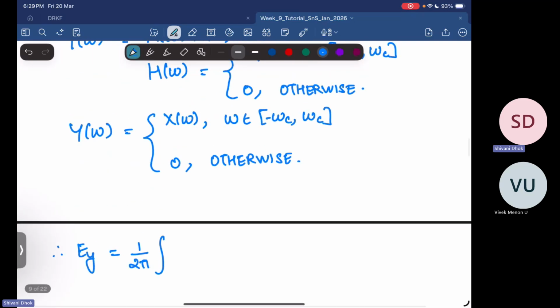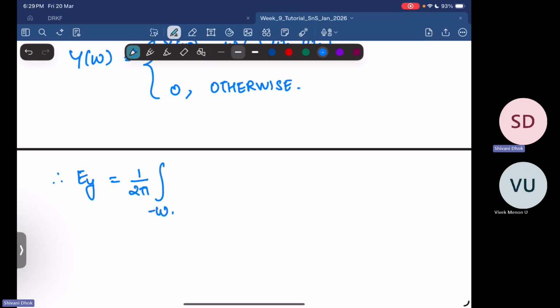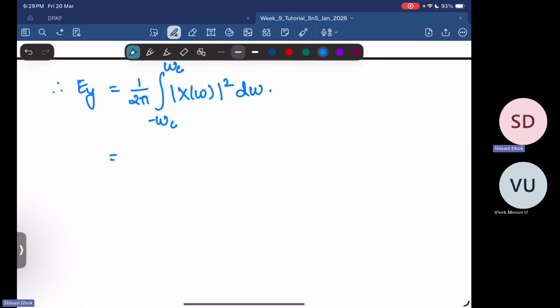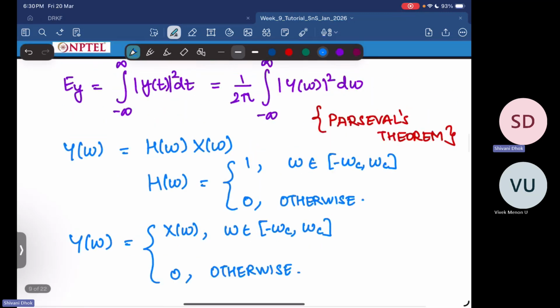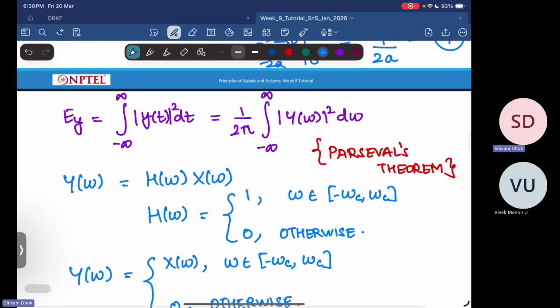This Y of omega is non-zero only in the range of minus omega c to omega c, and in that range it is equal to magnitude of X of omega squared d omega. This is equal to, okay, so let's say this is equation number 2. So we now have the relation of Y of omega and X of omega, and now the energy in y in terms of X of omega.